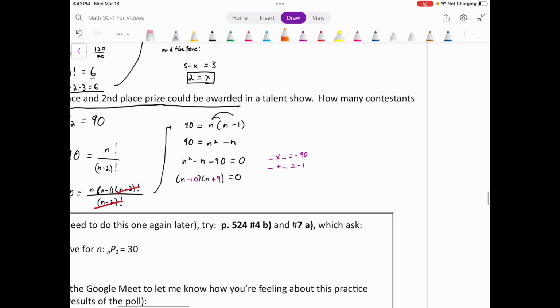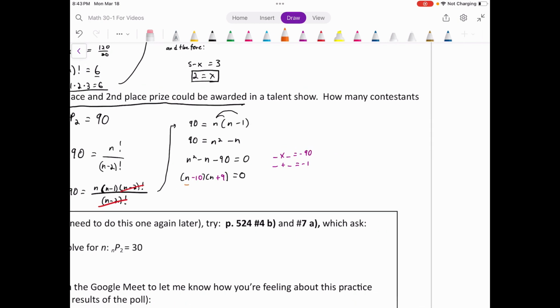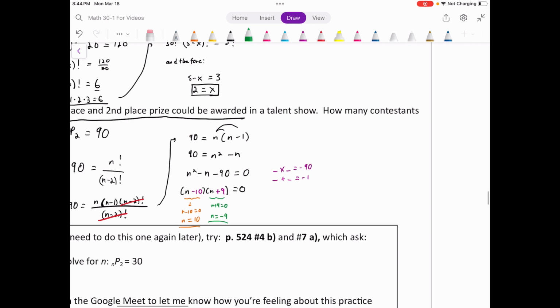We're just solving a quadratic equation. So now this gives us two separate equations, right? If n minus 10 times n plus 9 equals 0, that's only possible if n minus 10 is 0, and therefore if n is 10, or if n plus 9 is 0, and therefore if n is negative 9, right? Now, that gives us two solutions to this quadratic equation.